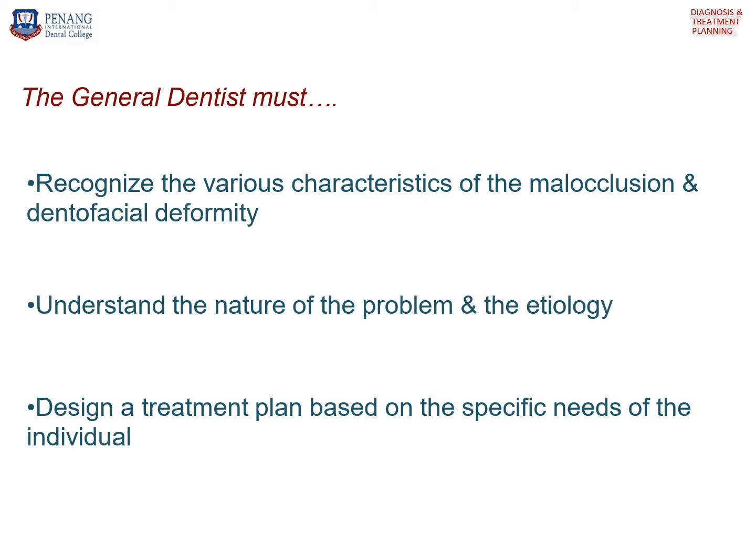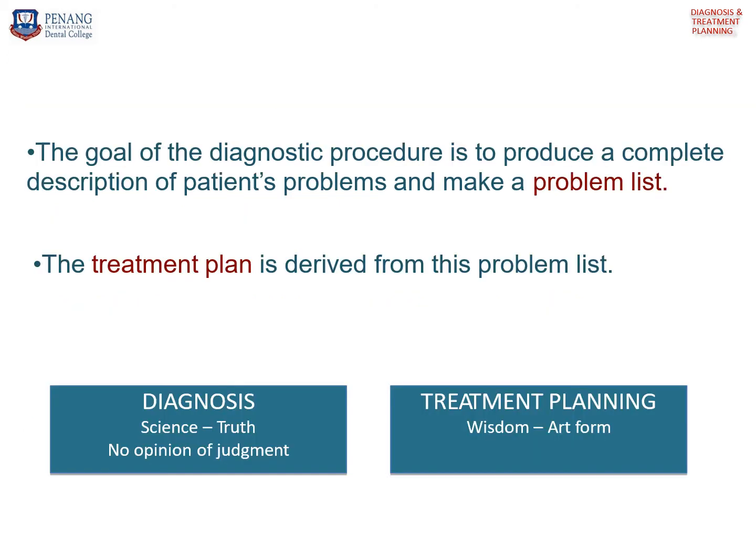A general dentist must recognize the various characteristics of the malocclusion and the dentofacial deformity, understand the nature of the problem and the etiology, and design a treatment plan based on the specific needs of the individual. The goal of your diagnostic procedure is to produce a complete description of your patient's problem and make a problem list. A treatment plan is derived from its problem list.